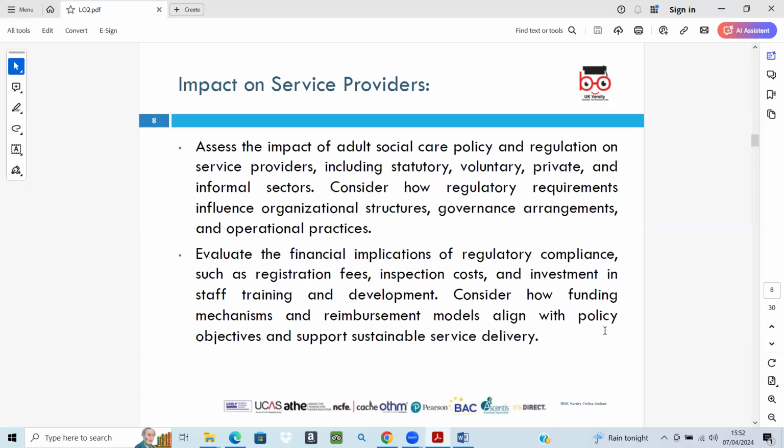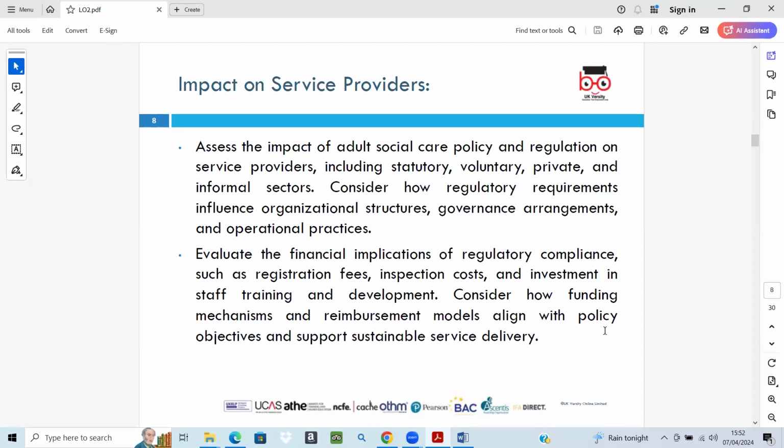For example, governance arrangements must ensure compliance with legal standards, and operational practices must align with care quality guidelines. The financial implication, like investing in staff, training, and development, is essential to meet quality standards. So for example, if someone asks how regulatory requirements might impact the operational practices of a private care home.